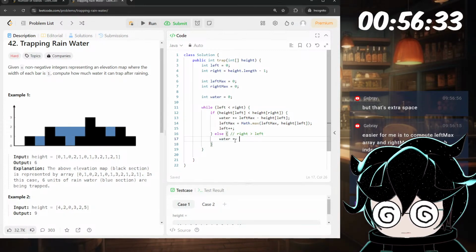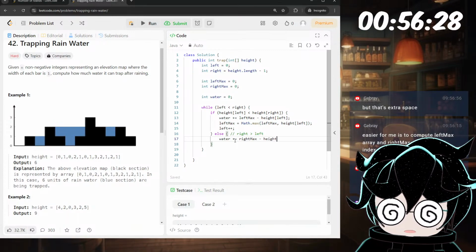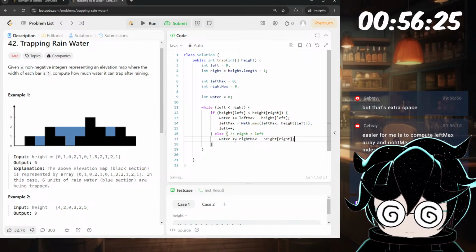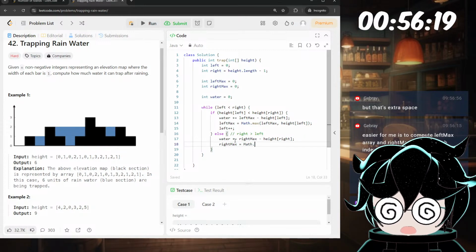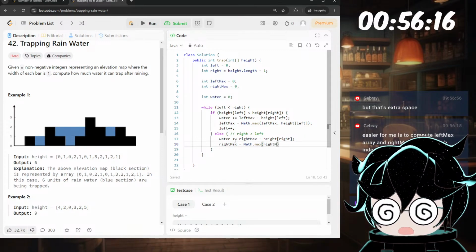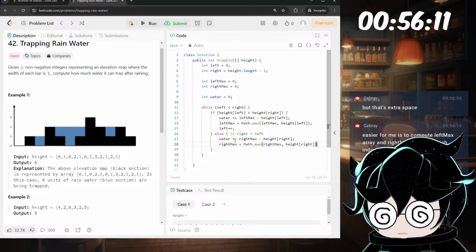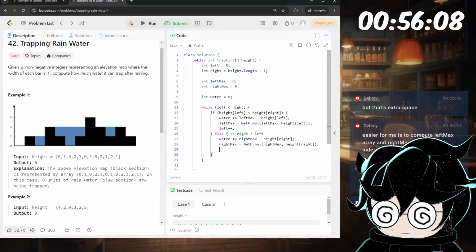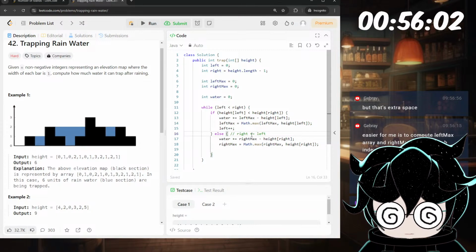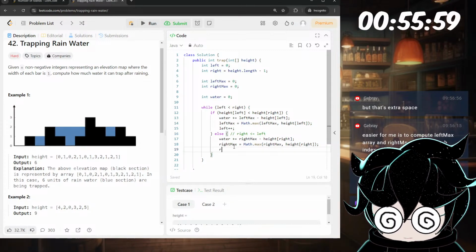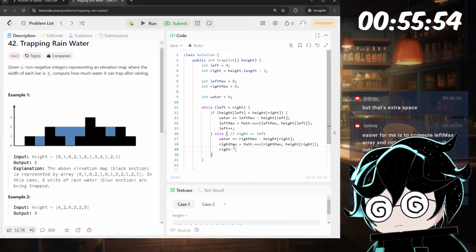Water plus equals the right max minus height right, and then you update the right max. Right max is equal to math.max of the current right max and the current height right. And then right minus minus.